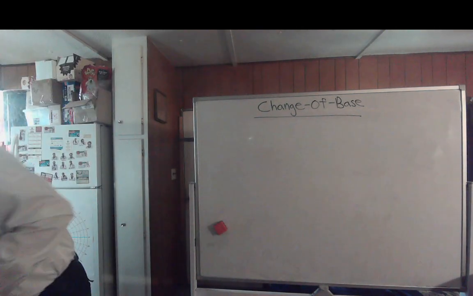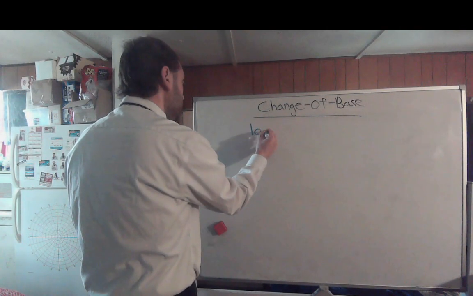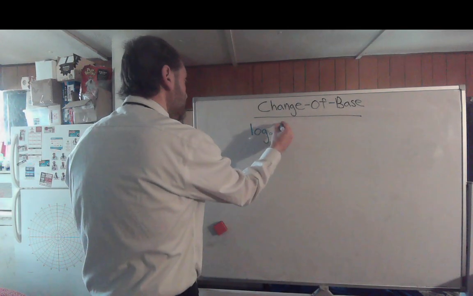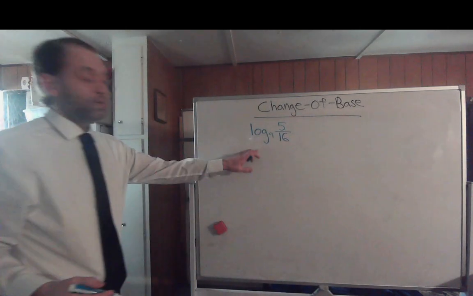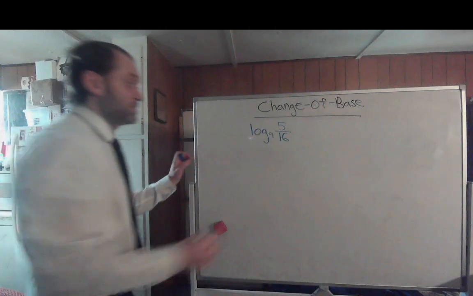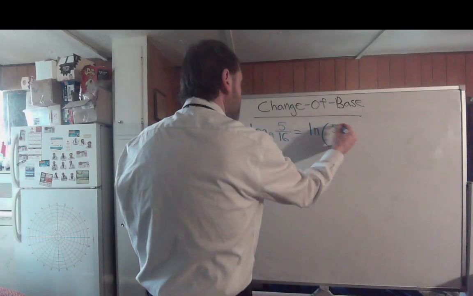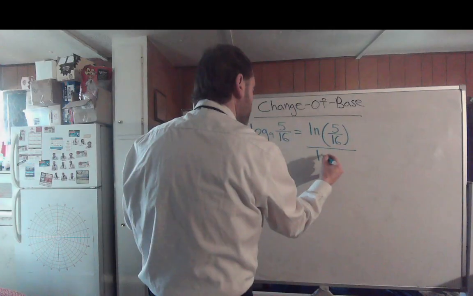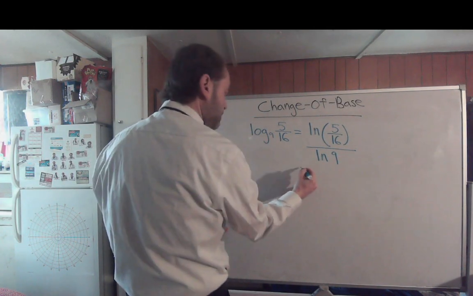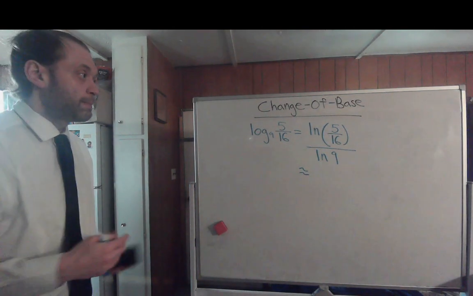Three more. Log base 9 of 5/16. Well, we can make this the natural log of 5/16 divided by the natural log of 9. Now we can get a decimal approximation to 3 decimal places.